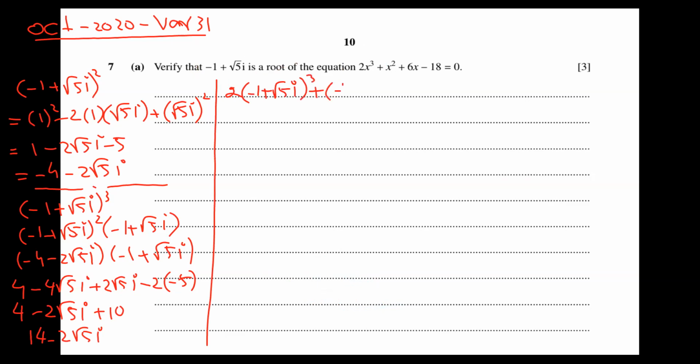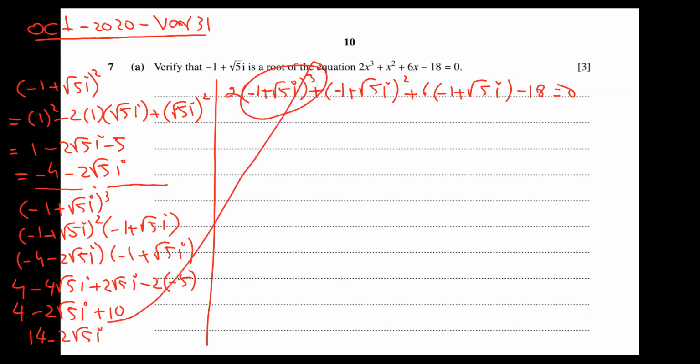If I plug in here, I get the square. If I plug in here, I get it as it is, and -18 equals 0. This answer I have here. How come? Because this fully matches. So this value will go here, but outside 2. So 14 minus 2 root 5 iota.